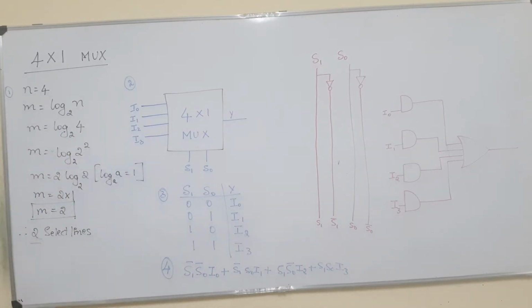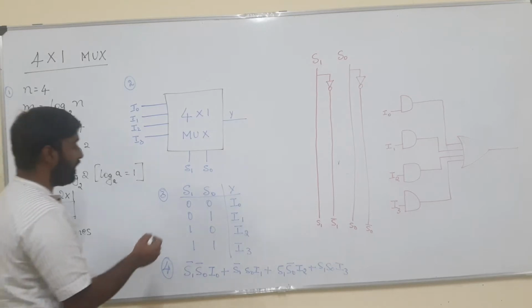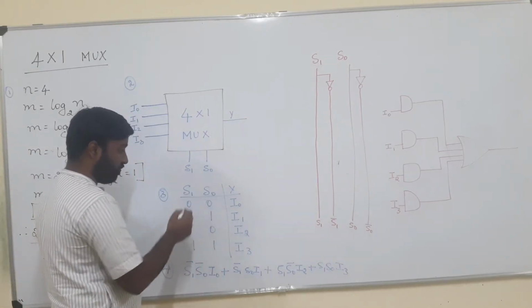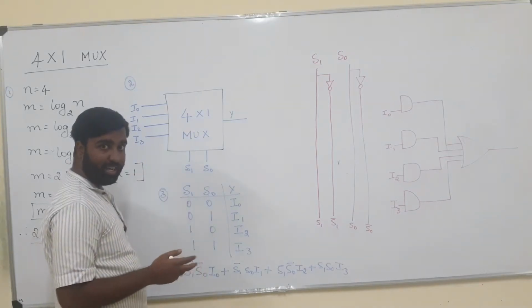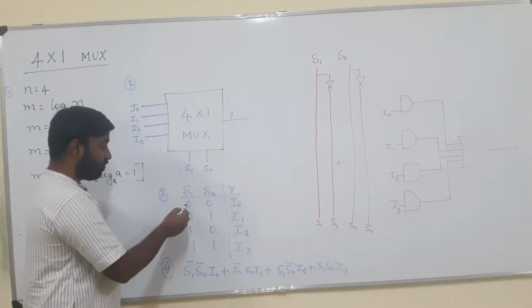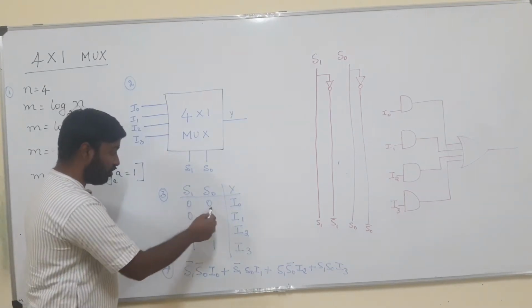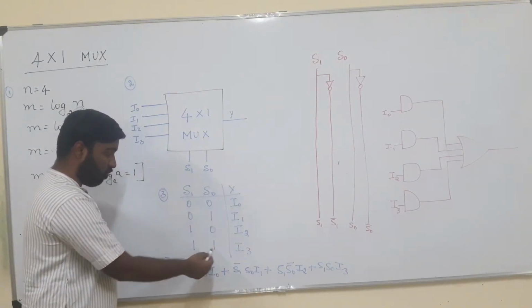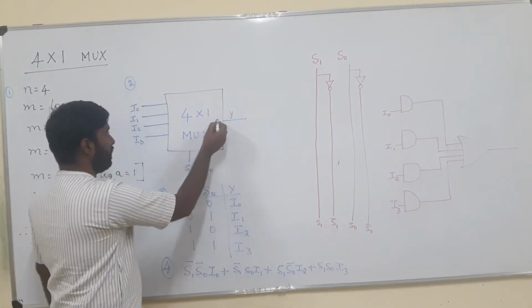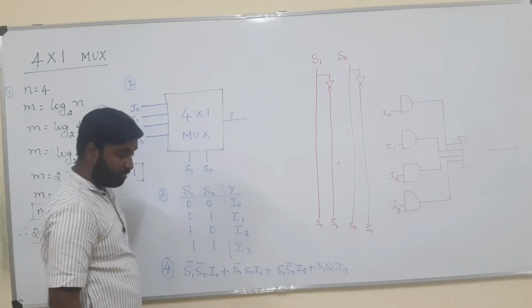See here, I have my select pins, that is S0 and S1. If there are 2 select lines, what are all the possible combinations which I can have here? That is 4 possible combinations: 0 0, 0 1, 1 0 and 1 1. If the select lines are 0 0, it produces I0.